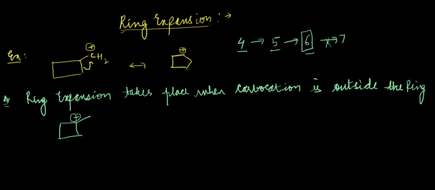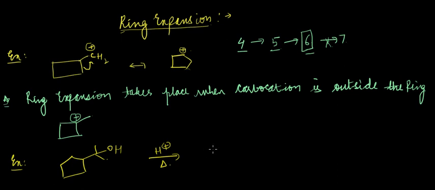so now let us take another example wherein we have something like this. Five-member ring, and we have this substance here, and in presence of acidic medium we heat this substance.